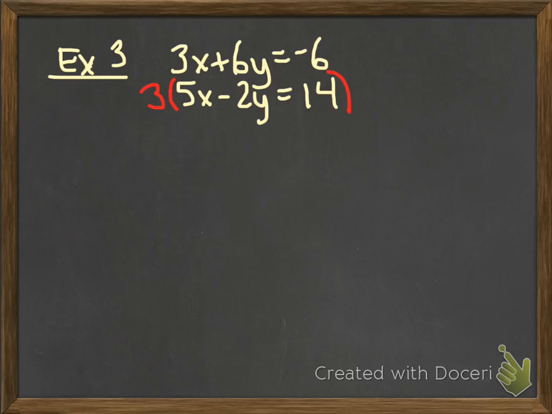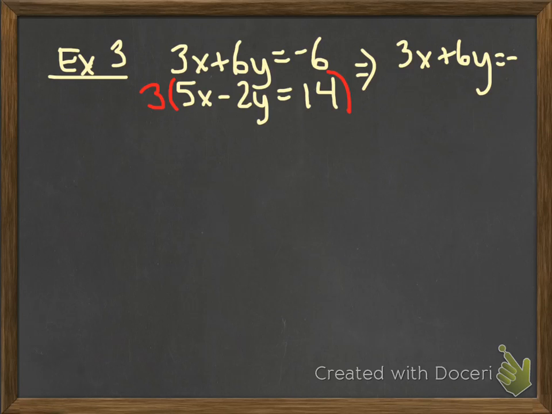So now the y's will cancel out. So now we have 3x plus 6y equals -6. And the bottom equation is now 15x minus 6y equals 42.